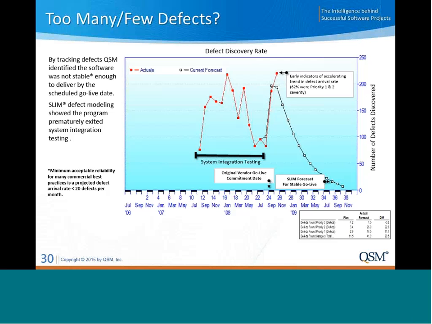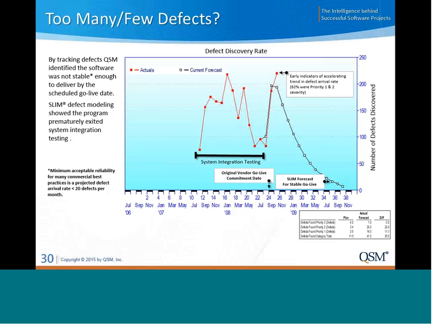It's very unusual for a project to have a huge number of defects discovered in 1 month, and then they suddenly burn all of them down and close them, and then the software is stable and everything's great. It usually doesn't work that way. If a project is discovering over 200 defects, as you see on this slide, in a given month, it's not ready for delivery, and it's very unlikely that the very next month is going to only have 5 defects.